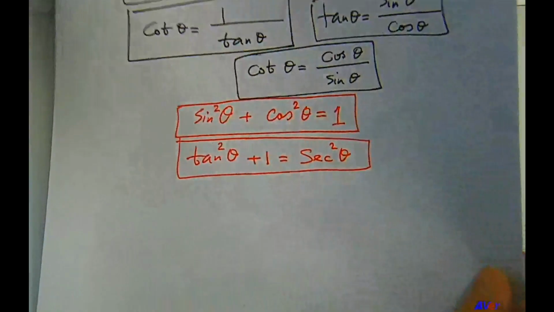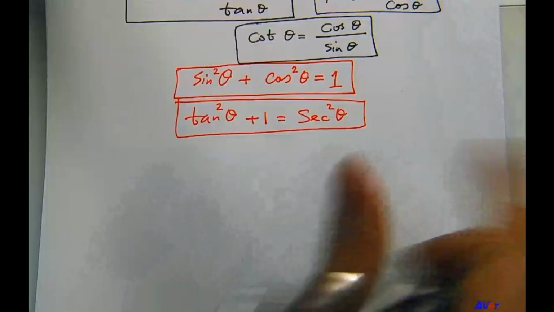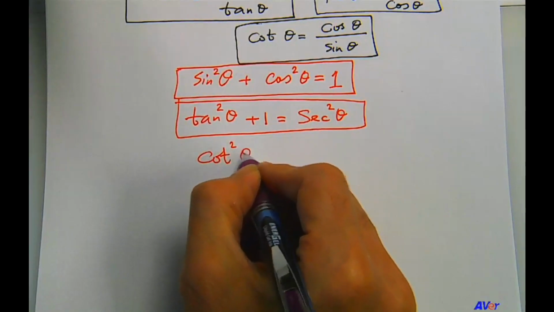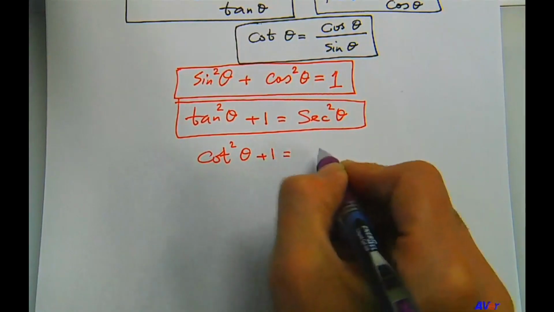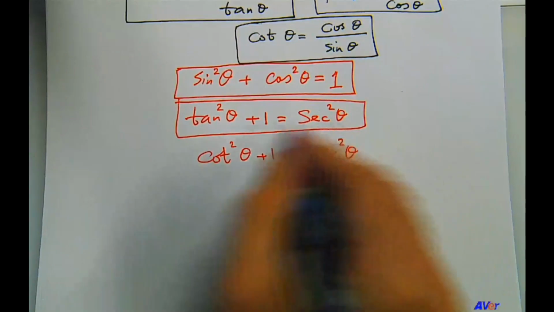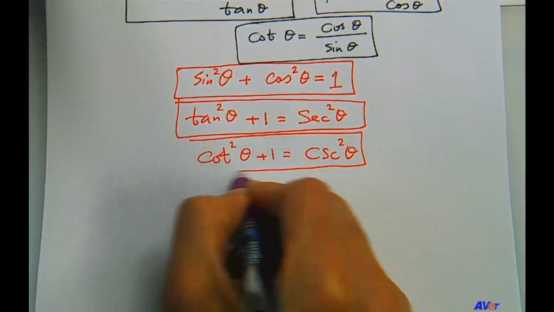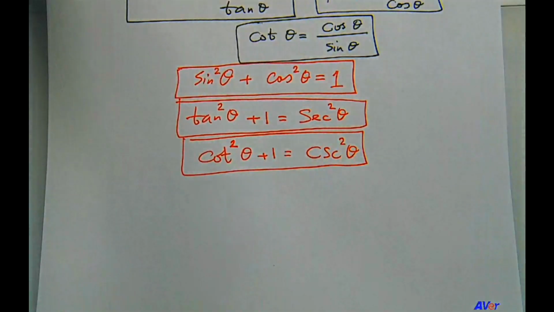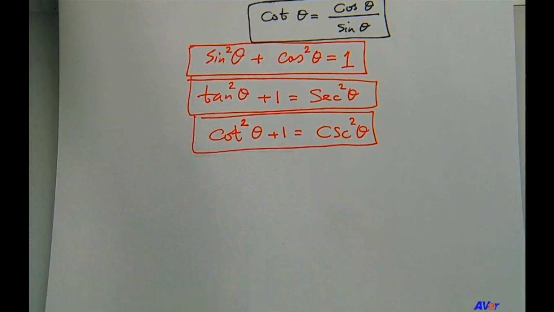And let's write down one more. So we have cotangent squared theta plus 1 equals cosecant squared theta. There are more trigonometric identities coming up, and every now and then we add a few more formulas to the ones we already know. So here are the 3 new ones. Okay, so let's use these in an example.